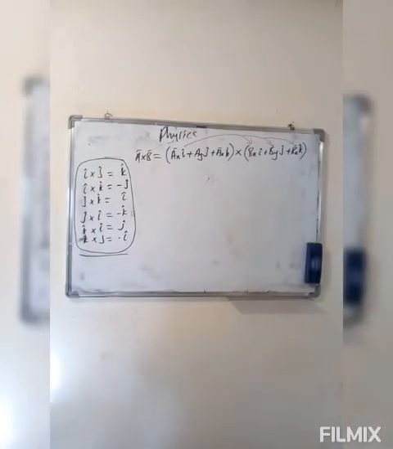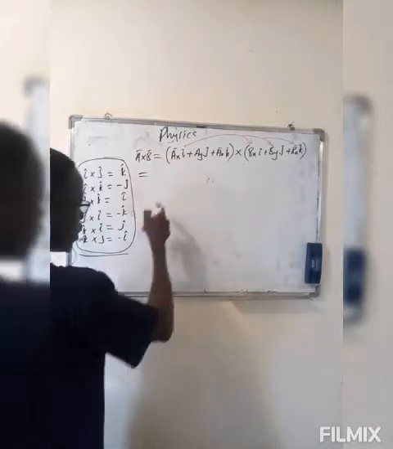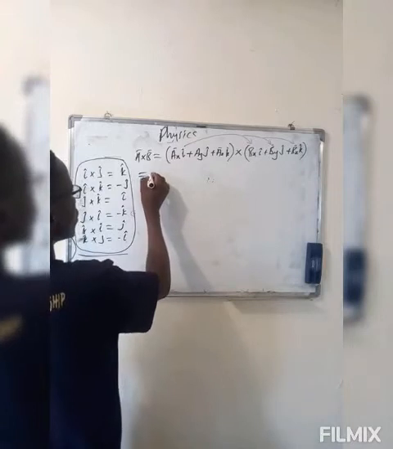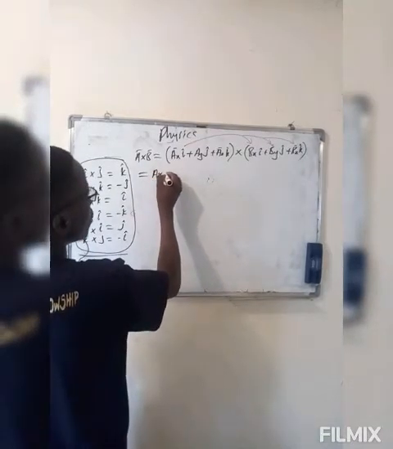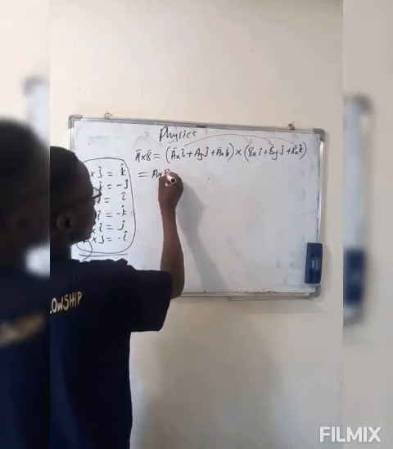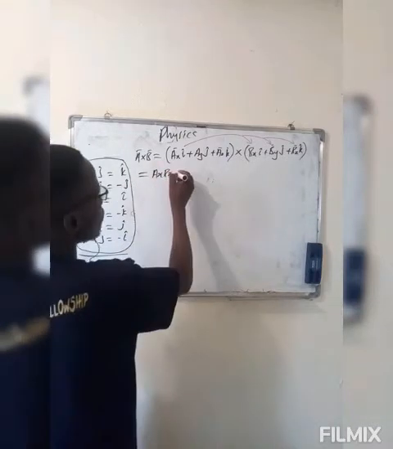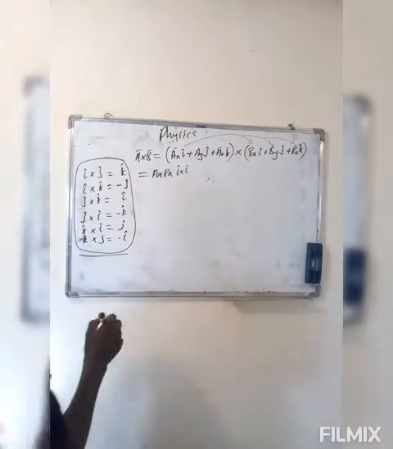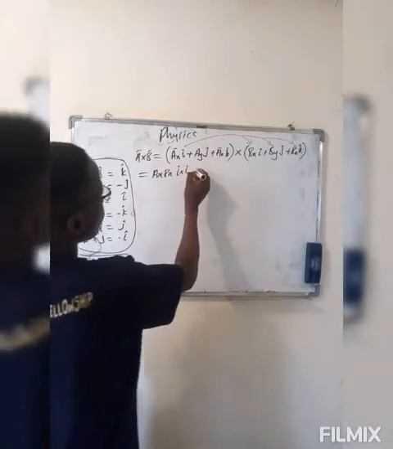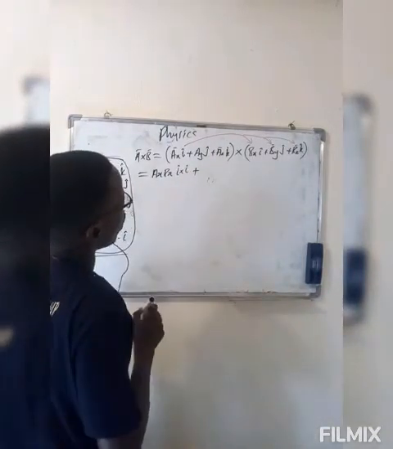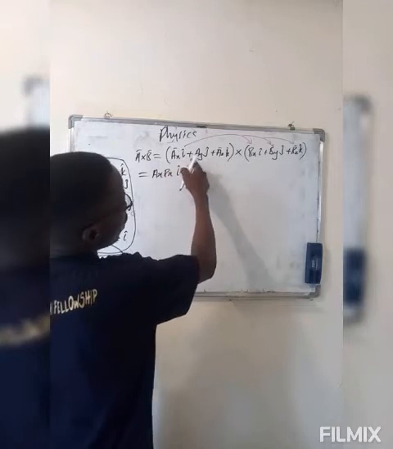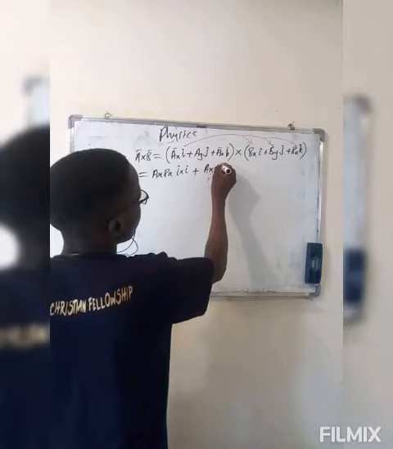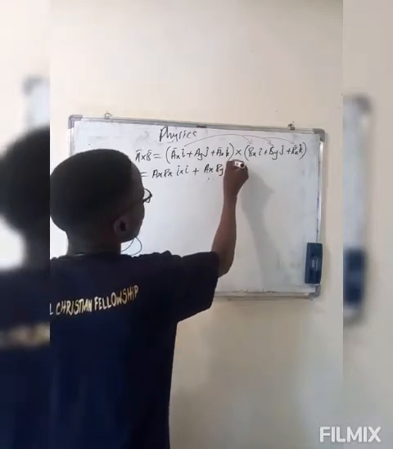So this is equal to AX i by BX i, which gives AX BX, i multiplied by i. Then plus AX i by BY j, which is AX BY, i multiplied by j.